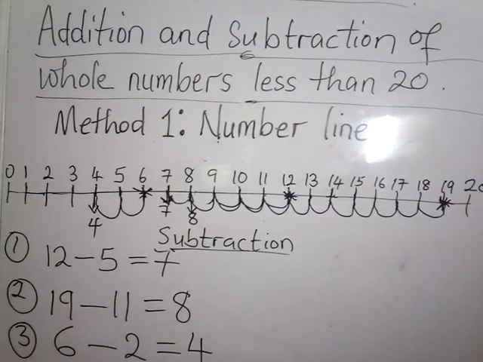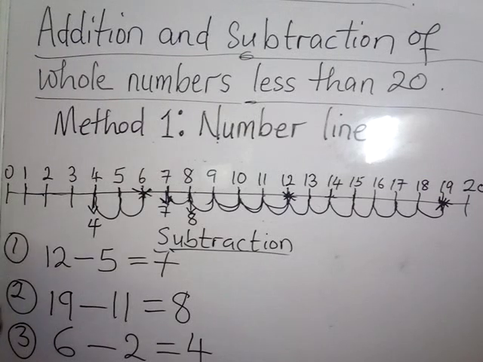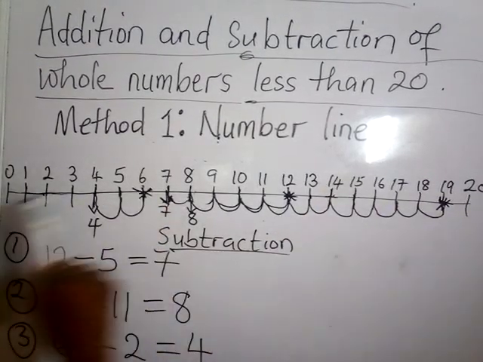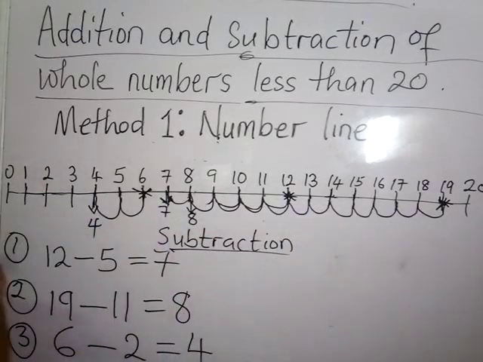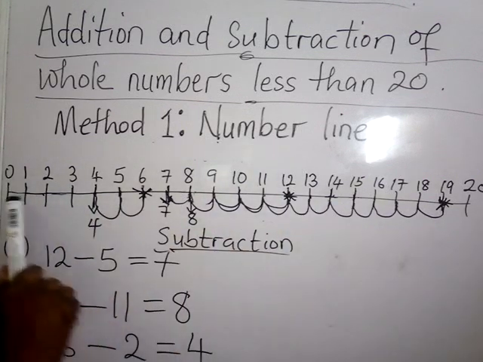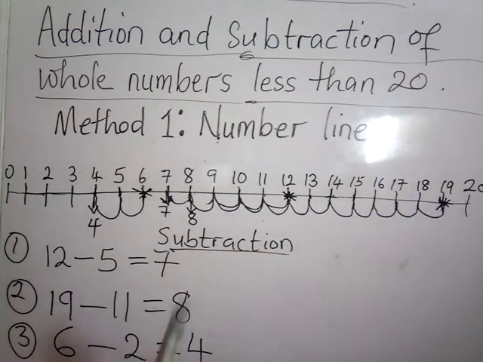I hope this number line is quite straightforward. So all you need to do is just try to draw your line, number the line, make sure it's equal spacing. Depending on the numbers you are working with, you grade it that way. For instance, we're working with numbers less than 20, so we graded from 0 to 20.